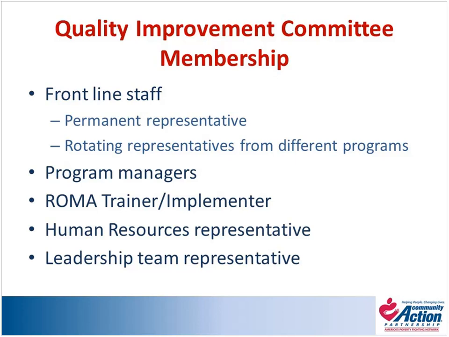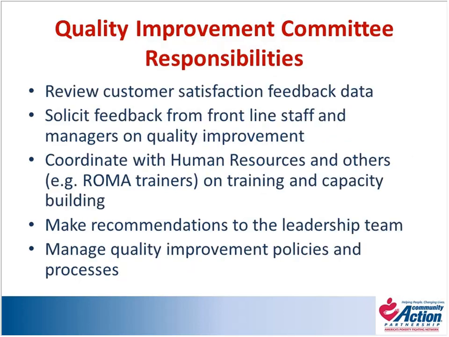So again, I think it's helpful, especially if you're a medium-sized or a larger agency, to have a number of different representatives on your quality improvement committee to make sure that you're able to pull in the experience, perspective, and resources from the different functional units like your HR function, your frontline staff, and your managers to make sure that you really have a 360-degree process in place that's including perspectives from all levels of the agency.